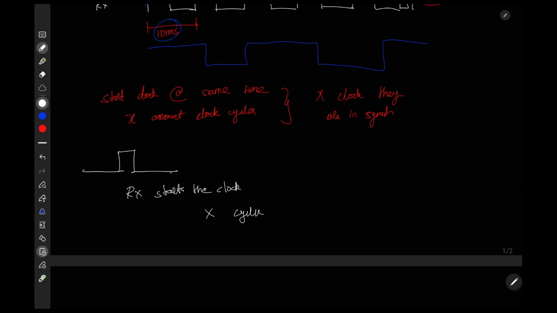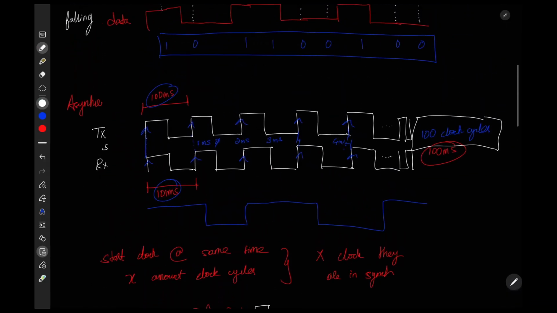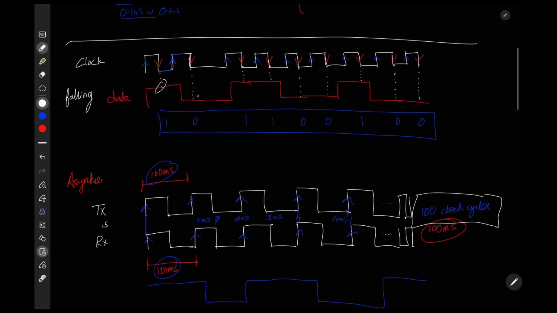So that is why there is a stop bit. You stop the clock at the stop bit, and in between the start bit and the stop bit is the actual data. So here if you send something, it can be reliably sampled by the receiver. By sampling, what I mean, as I explained earlier, is the actual measurement of the data.